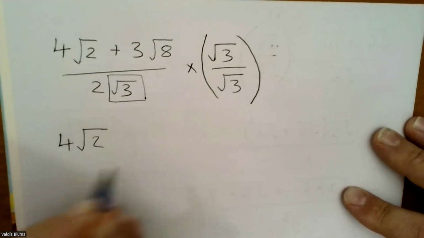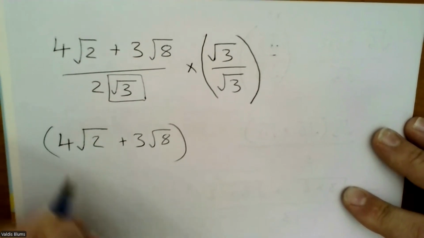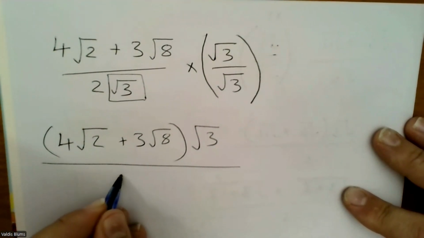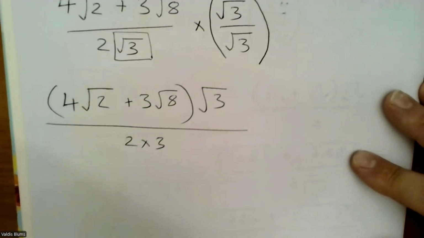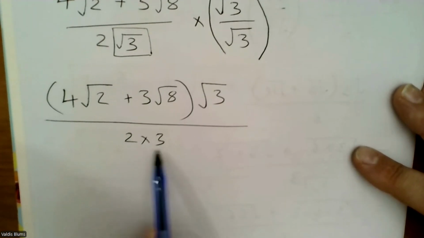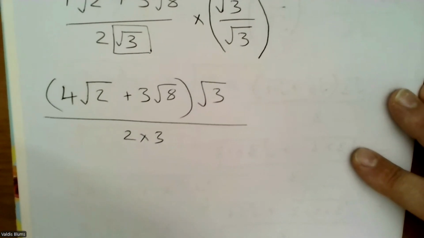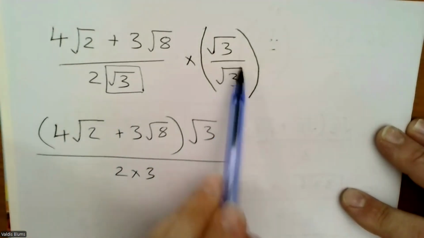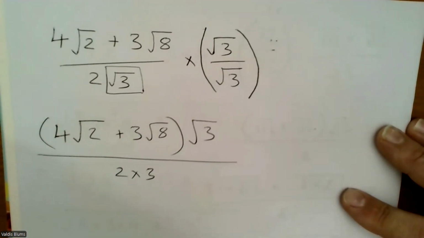Writing out the next line. Should look something like this. Now, I could combine these to 6, but for the time being, I'm just going to leave them separate. Now, if you happen to multiply through both the 2 and the square root 3 into this, you can do that.